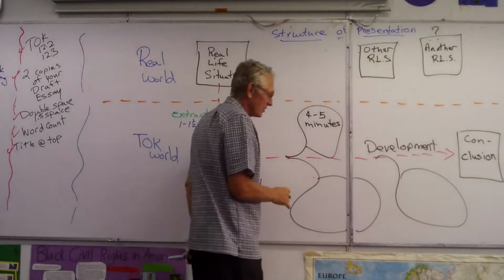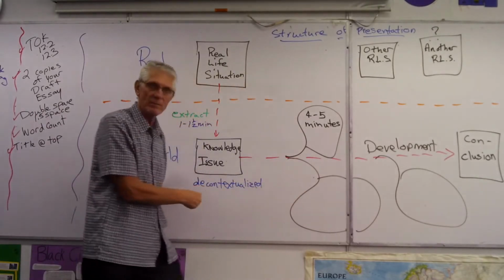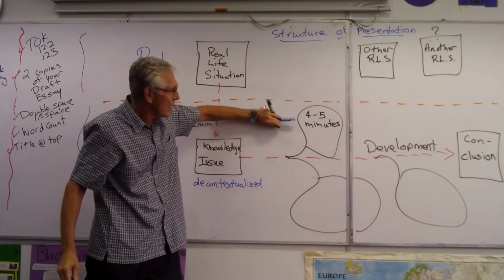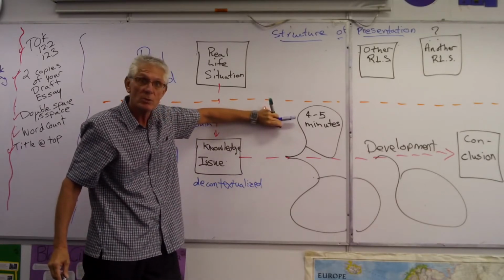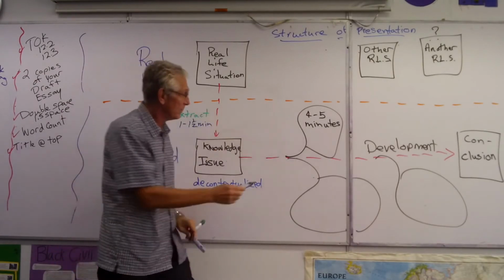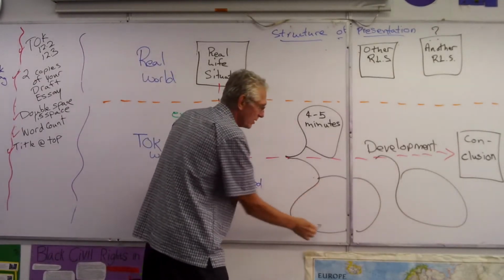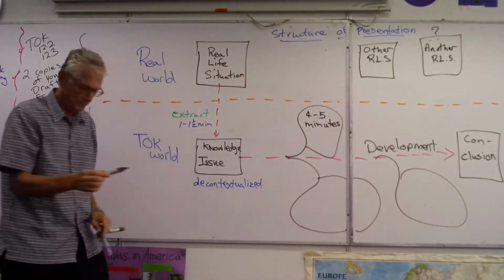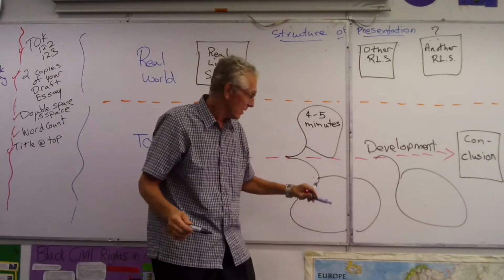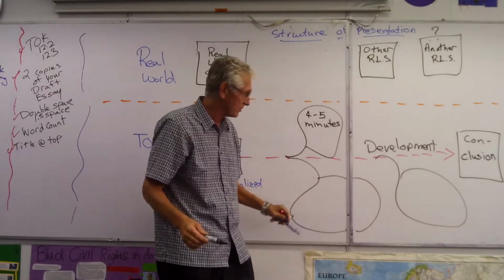Each one of these developments is an idea, a claim, an exploration of some aspect of your knowledge issue. In this one, for example, evidence in the human sciences, I might look at how human scientists gather evidence in this development up here. In this one here, I might look at what are the limitations of the evidence that a human scientist gathers.